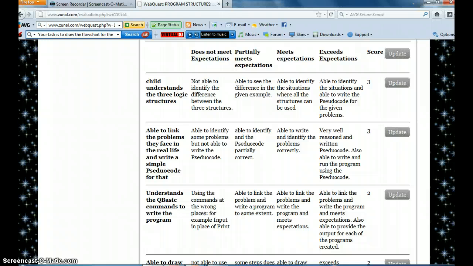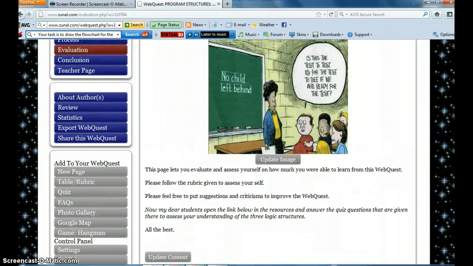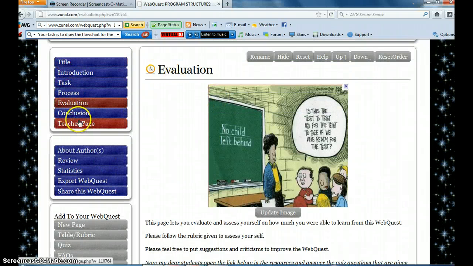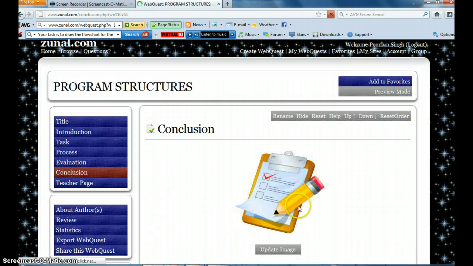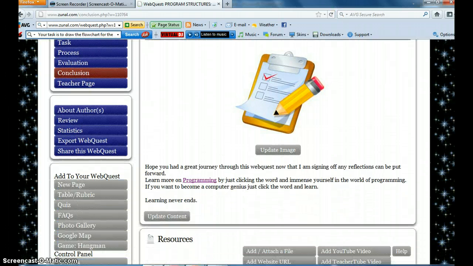The next page on the WebQuest is the teacher page. Now the conclusion, where we conclude the WebQuest, and I wish all my students all the best, and I hope that my students have learned a lot from programming.